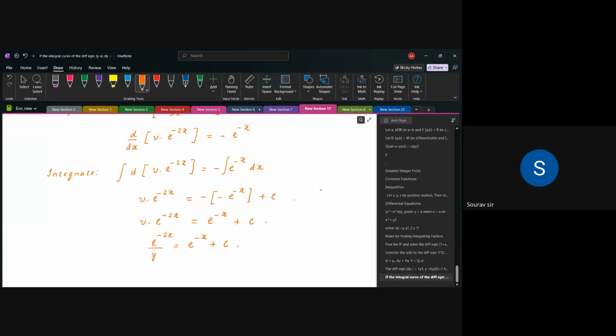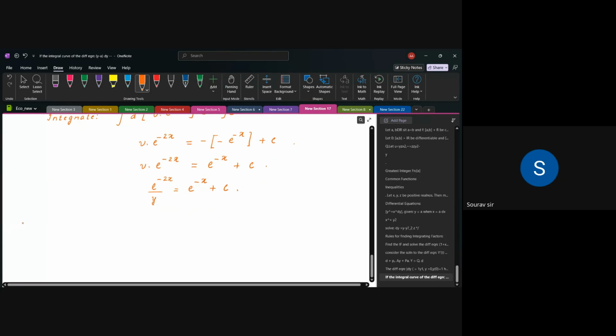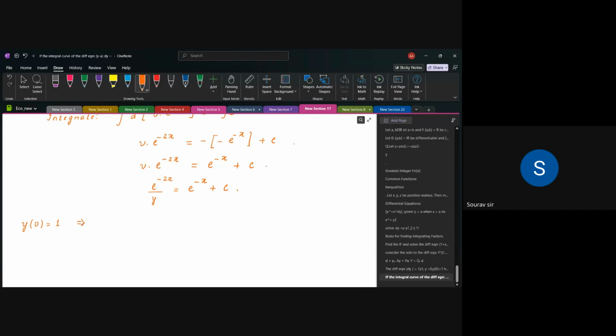Okay. And then in order to find c, we need to replace y of 0 is equal to 1, right? So if I use these values, what is my c? Anyone?